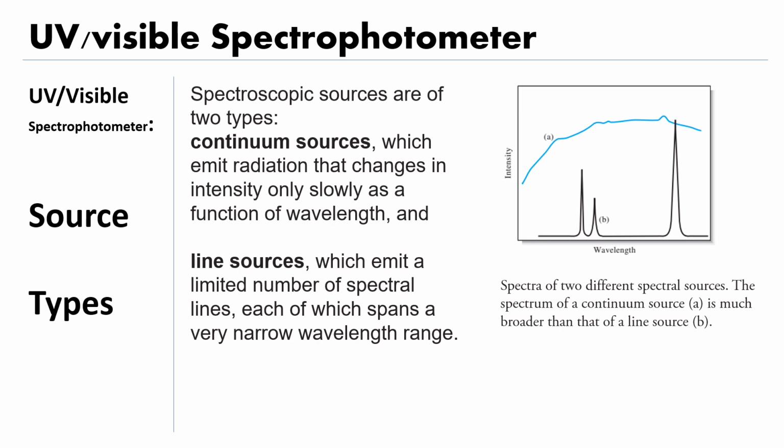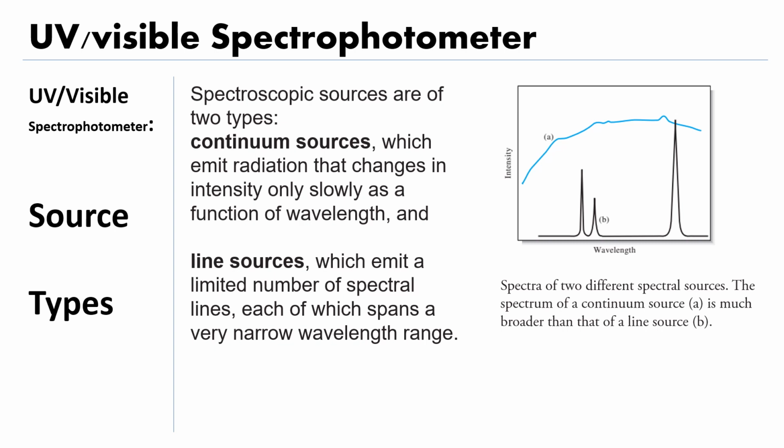There are different spectroscopic sources, and these are of two types. One is called continuum light sources. Continuum means continuous: light sources which emit radiation that changes intensity only slowly as a function of wavelength. In this figure, the blue line indicates the continuum source, showing how the intensity slowly changes over the wavelengths.